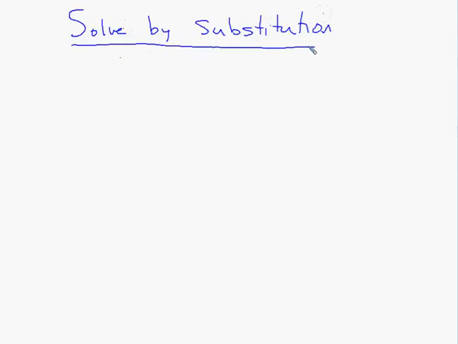We can do it all with algebra. But the downside, there's always a downside of this, is that it can get really, really ugly. So, solving by substitution. Let's go ahead and work. We're going to go through 3 examples, basically. And you need to make sure that you pay attention to what is going on here.